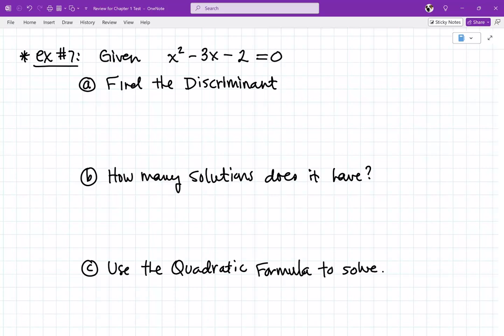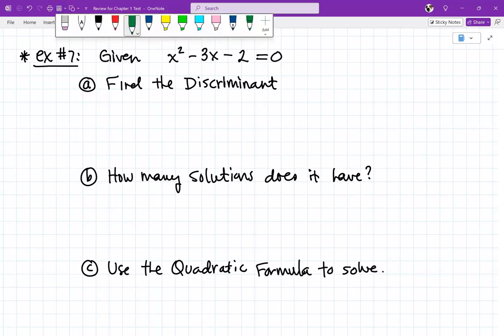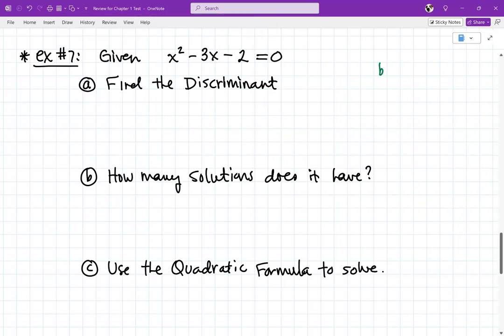There is a formula for your discriminant. I'm going to write it down on the right side along with its meaning. So b squared minus 4ac. That's the formula for the discriminant. But it has meaning to it. If the answer, when you plug in your numbers to b squared minus 4ac, is less than 0, meaning it's negative, you have no solutions.